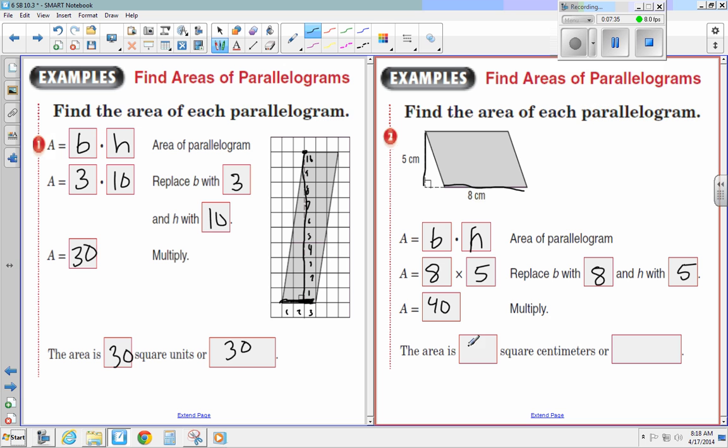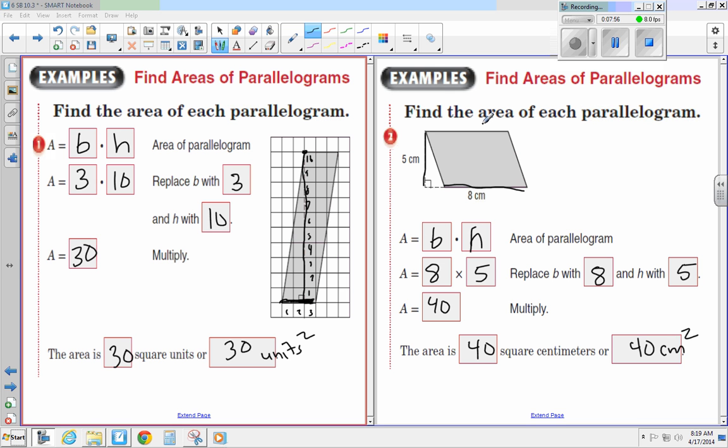The area is 40 square centimeters, or 40 centimeters squared. So this would be units squared. I'm going to make a big deal about the units, making sure you put the units on.